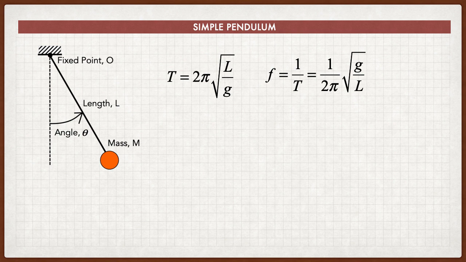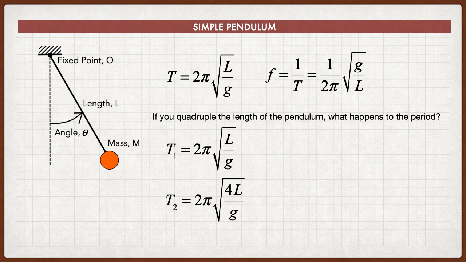If you quadruple the length of the pendulum, what happens to its period? Well, undoubtedly, it gets longer. Call the period of the original pendulum T1 and the period of the longer pendulum T2. There's an extra 4 factor inside the square root.